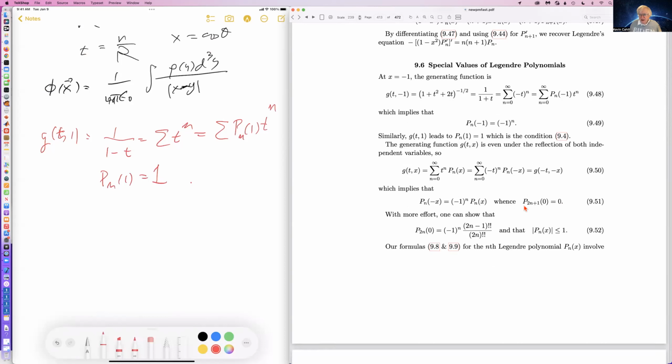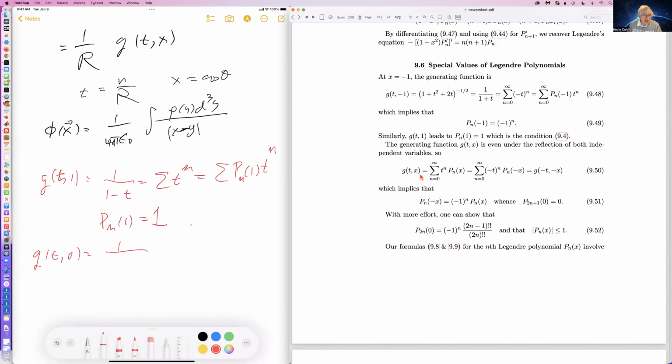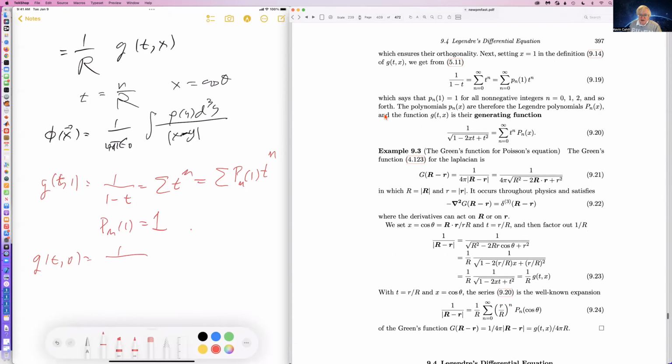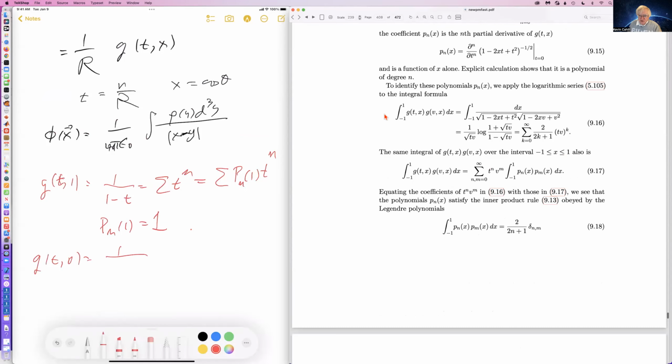And you can then figure out, well, what's Pn if you said x equal to 0? Well, then you would have g of t and 0 is 1 over, let me go back to the definition of g. I keep forgetting what the definition of g is.